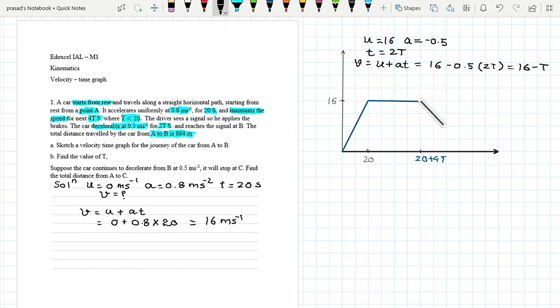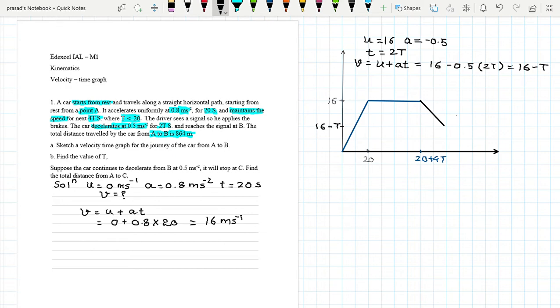It will be somewhere here. So that will be the nature of the velocity time graph. So this velocity here is 16 minus t.